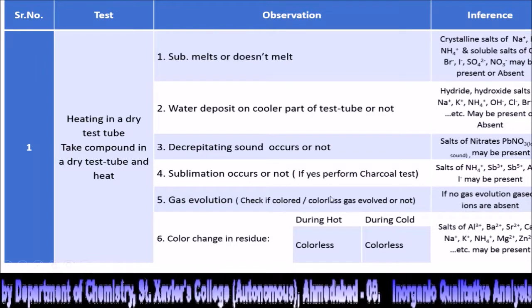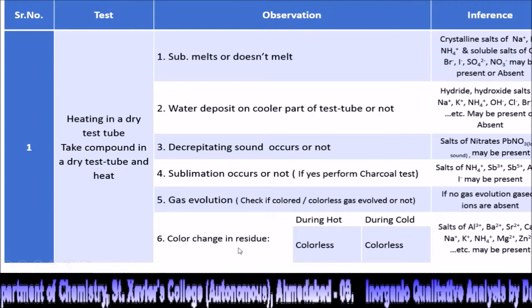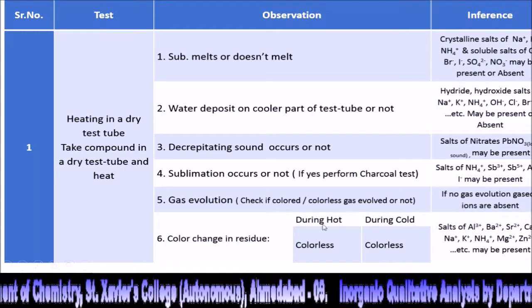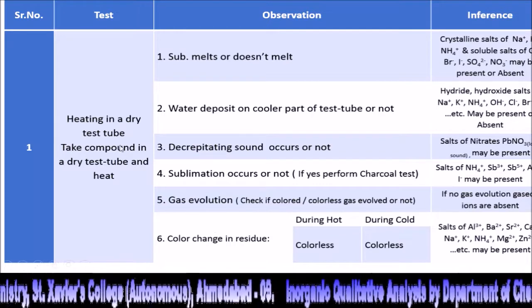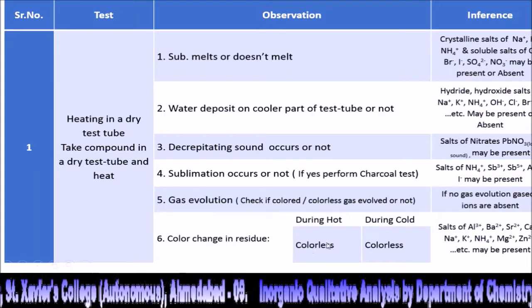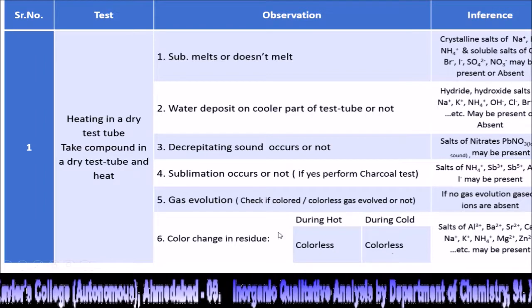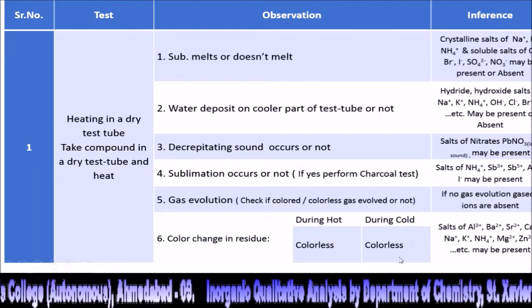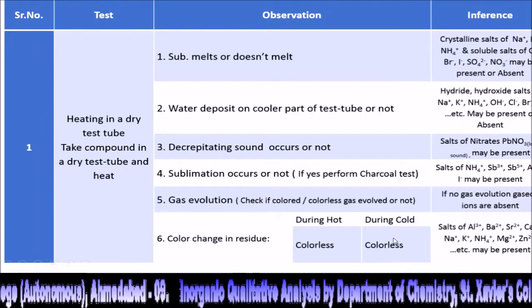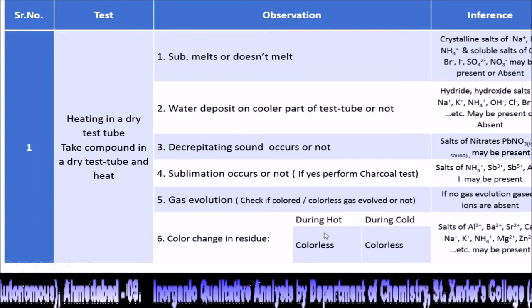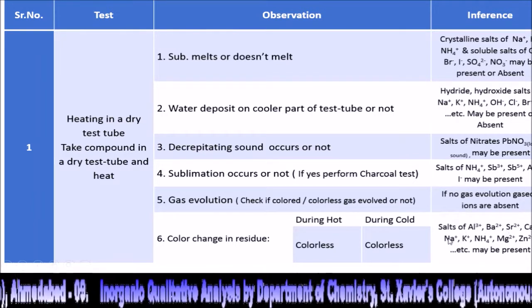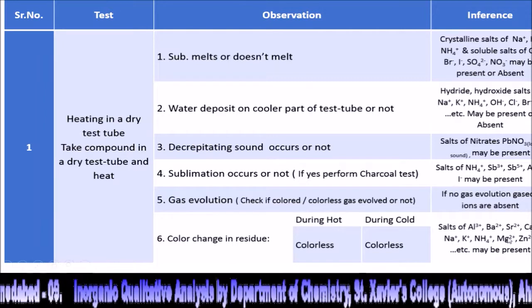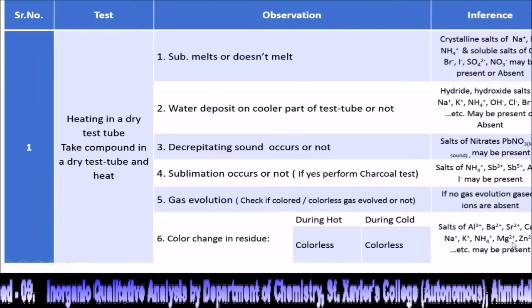Now as far as color change in the residue is concerned, we need to take two types of observation. When the test tube is hot, what is the color of the residue, and when we cool the test tube, what is the color of the compound in it. If both are colorless, then salts of aluminium, barium, strontium, calcium, sodium, potassium, ammonium, manganese, zinc may be present.